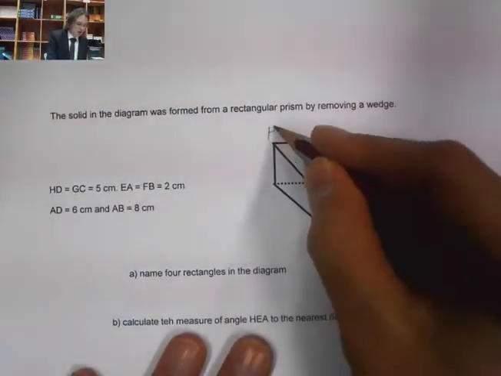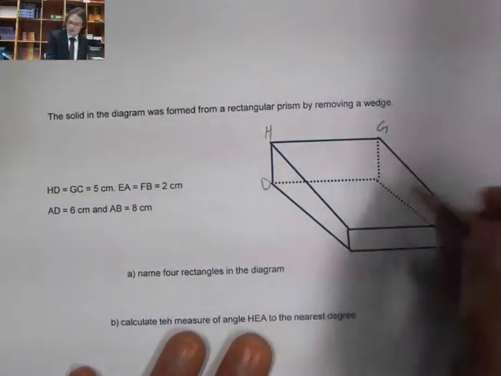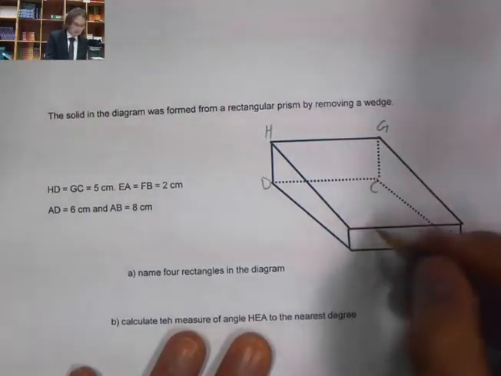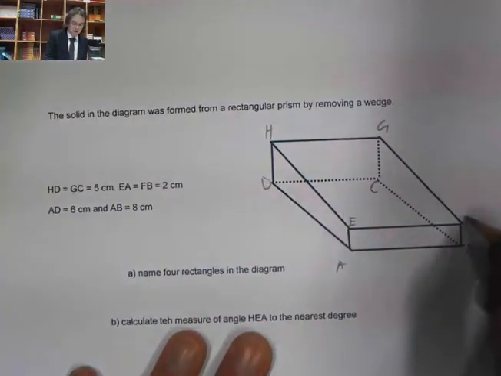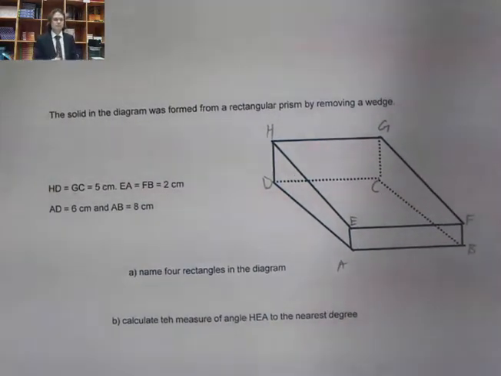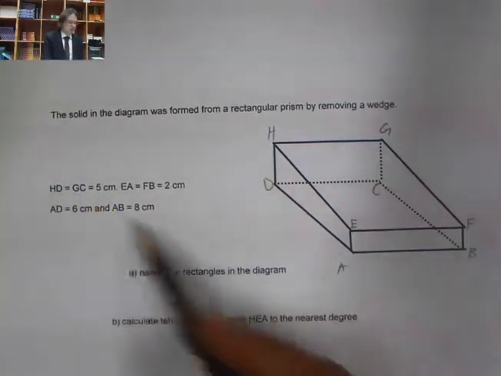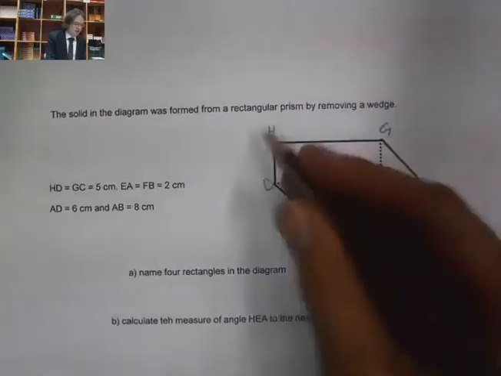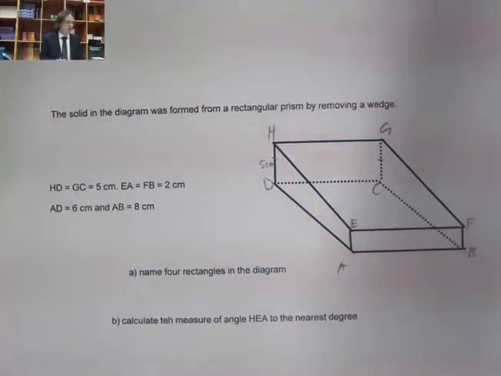We have H, G, D, C, E, A, B, and F. Okay? So we have HD is equal to GC, which is 5 centimeters. So HD and GC is 5. Tick there, so those are the same.